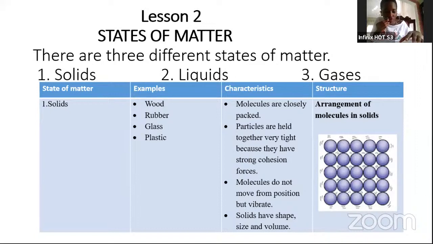Molecules do not move from position but vibrate. Solids have shape, size, and volume.